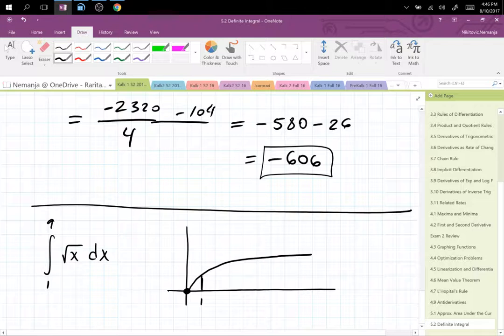Here is number 1. Let's say, is this number 9? 2, 3, 4, 5, 6, 7. No, that's 8. Here's 9. And what we are talking about is the area in here.